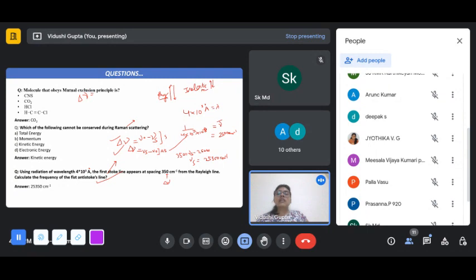For the Stokes line, the Raman shift value is mu naught minus mu s, while for anti-Stokes, the Raman shift will be mu s minus mu naught. For this question, they have asked about the anti-Stokes line, so we use the second formula.